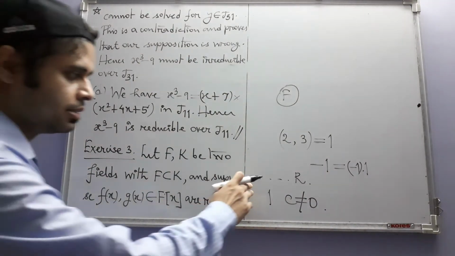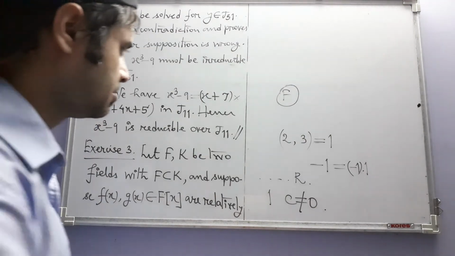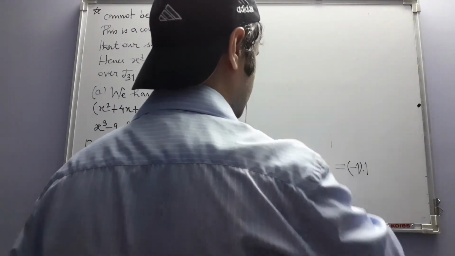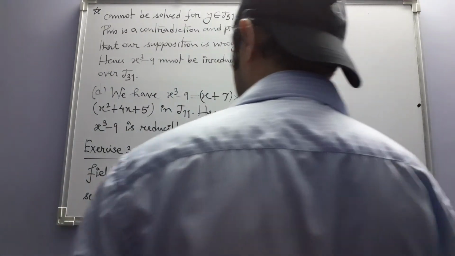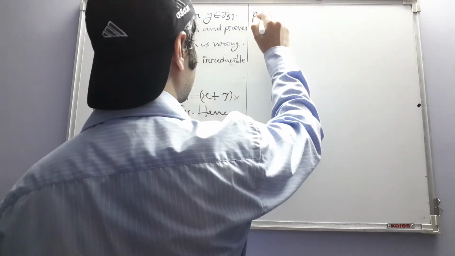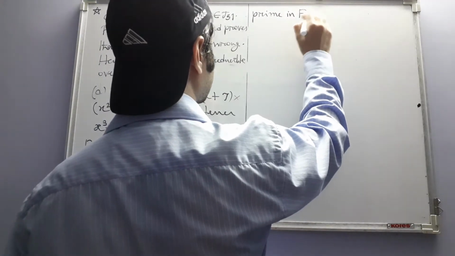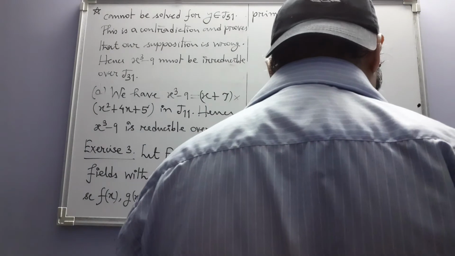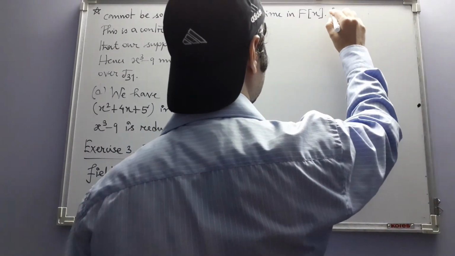Okay, because of this relationship among the GCDs, these are relatively prime in F[x]. Now we have to prove that they are also relatively prime in K[x].